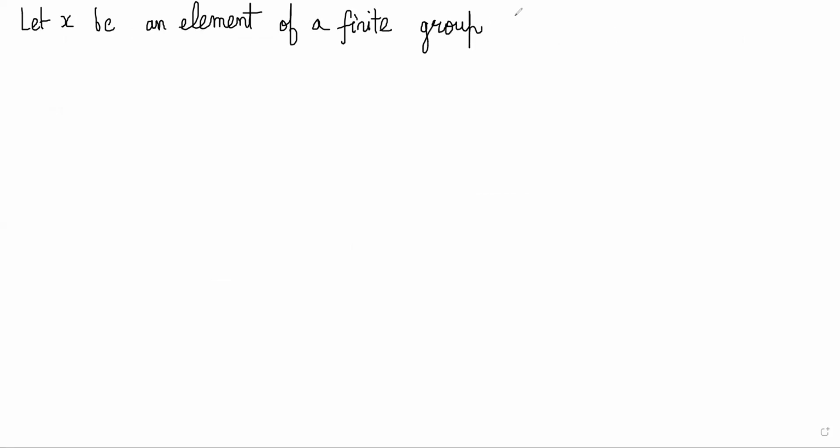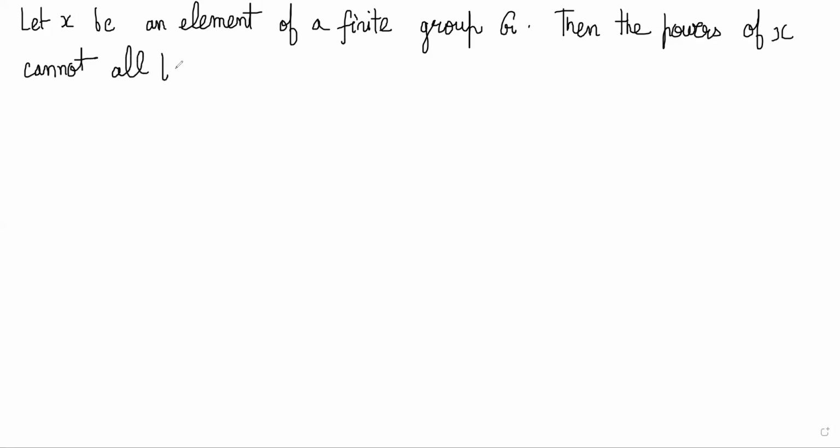So we say, let X be an element of a finite group G, then the powers of X cannot all be different. Why can't they all be different?